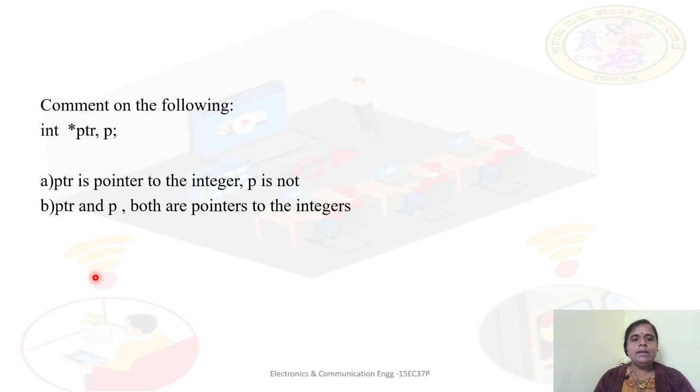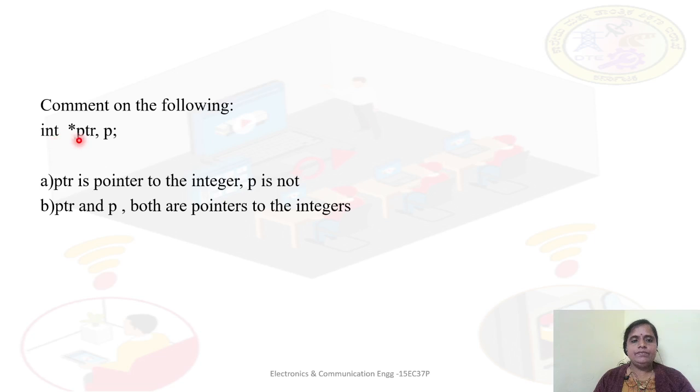Next, comment on the following. I have given a statement here, int *ptr, p. What does this line mean? Is ptr a pointer to the integer and p is not, or ptr and p both are pointers to the integers?